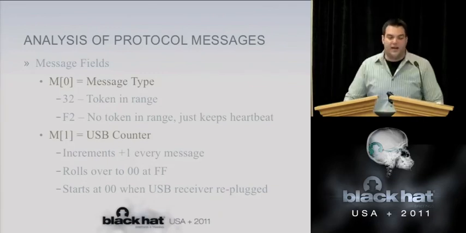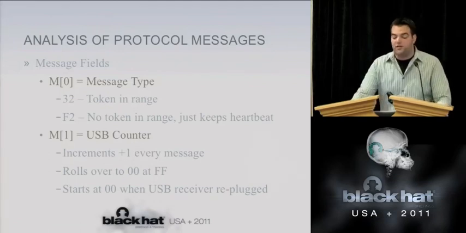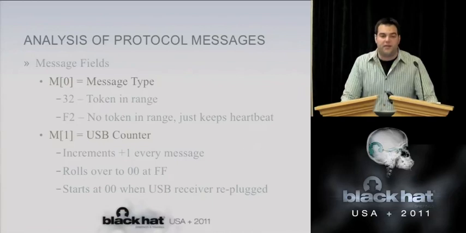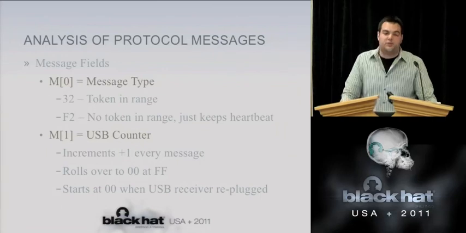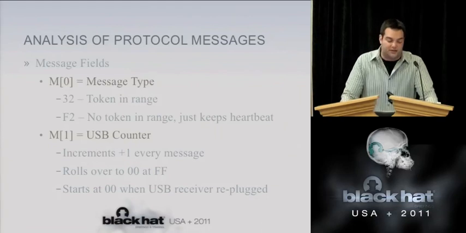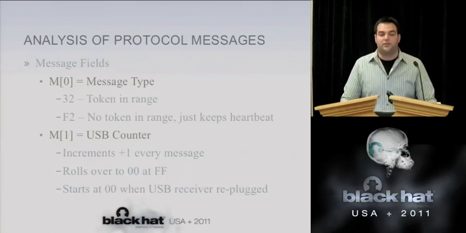The next byte in that message is what I'm calling the USB counter. For every message received by the USB receiver, be it from multiple tokens, or an unlock for a token in range message, it increments by 1 every single message, and it rolls over at FF back to 0. The interesting thing is if you unplug the USB receiver and plug it back in, this resets to 0.